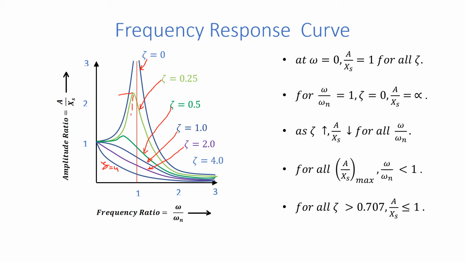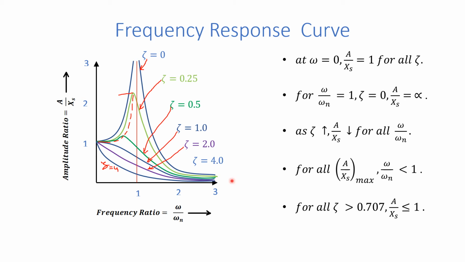With increase to 0.5, it decreases like this and like this. It keeps on decreasing, and we get the maximum amplitude at lower external excitation frequencies, from here to here. As we discussed in the table in the previous slides, it is shifting to the left.